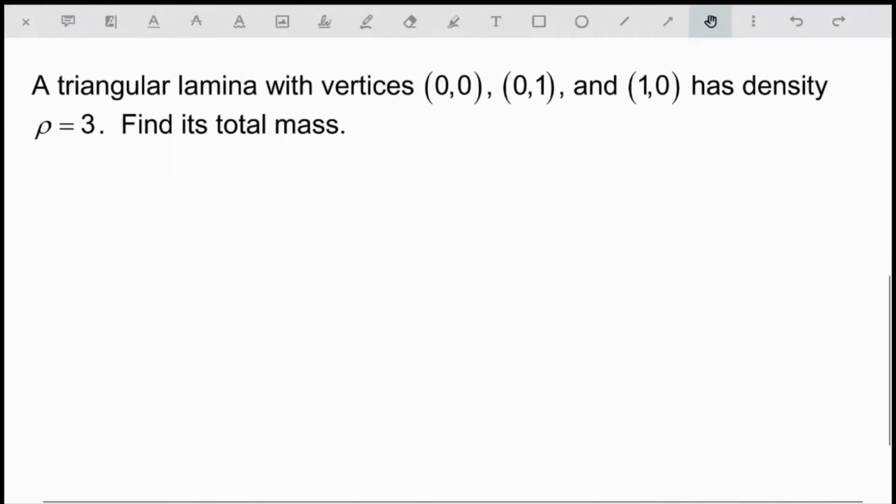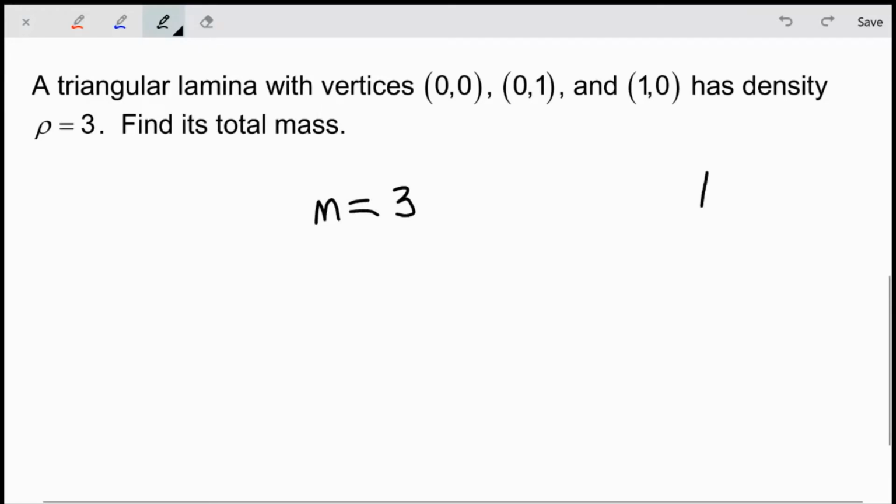Now, here's an example. A triangular lamina with vertices (0, 0), (0, 1), and (1, 0) has density rho equal to 3. Find its total mass. Well, there's a couple of ways to go about this. I'm going to show you the easy way first because we've essentially just got a triangle here. Remember, the mass is just the density times the area.